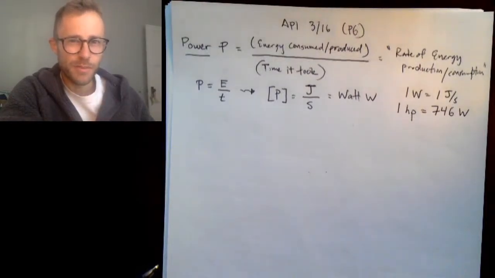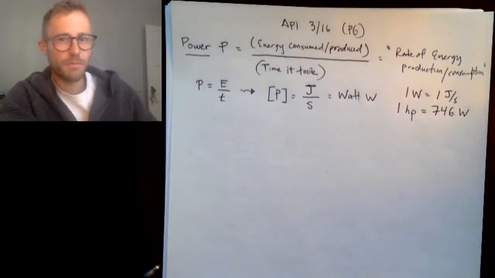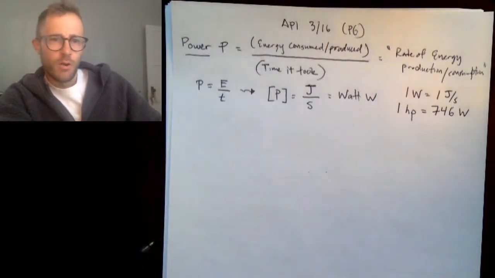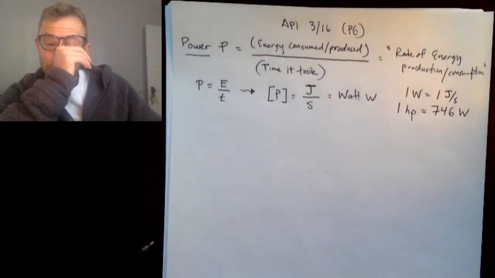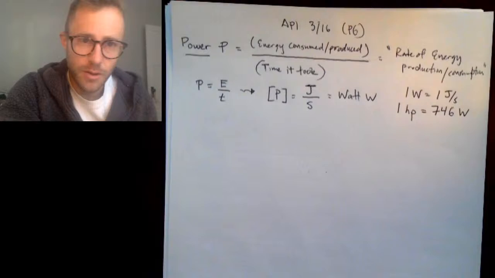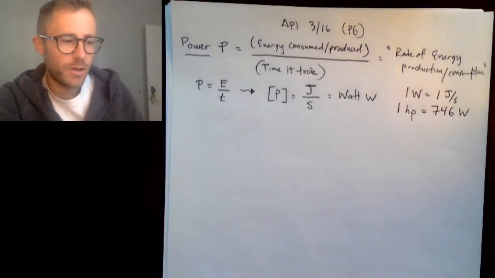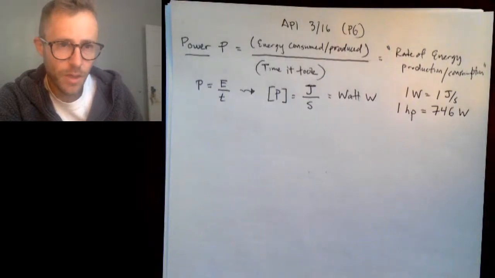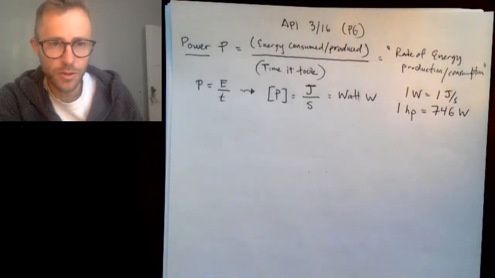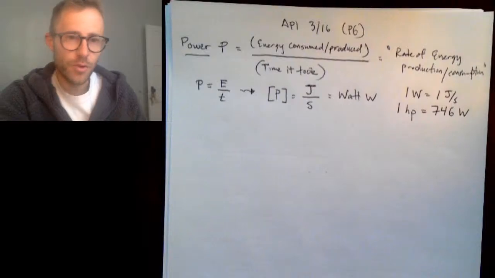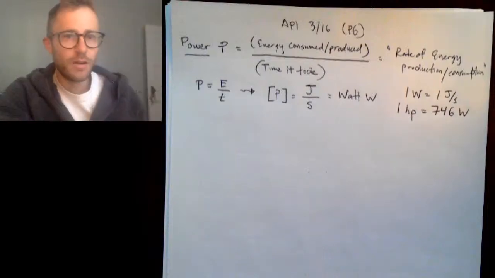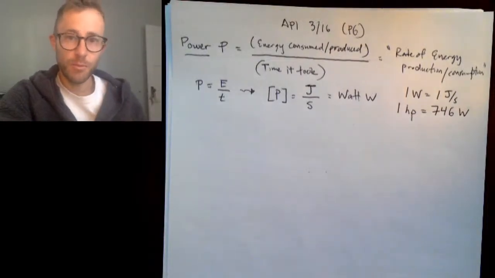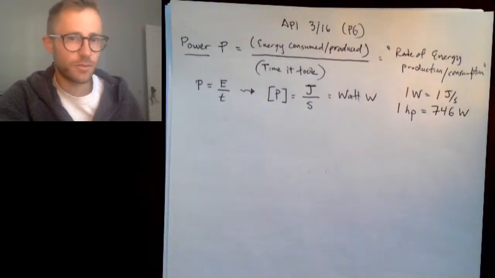So 740-ish watts is 1 horsepower. You will see that on engines. For example, a couple of lessons ago, I was talking about boats and how my family had a boat when I was growing up, and that boat had 250 horsepower engines. That's telling us the power output of those engines.